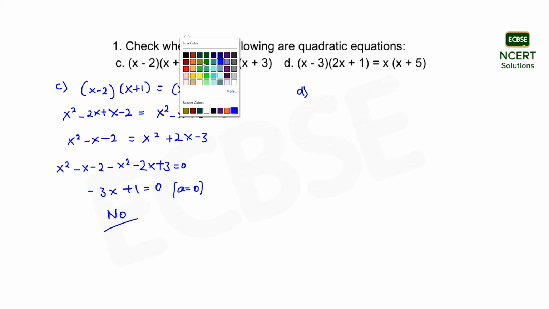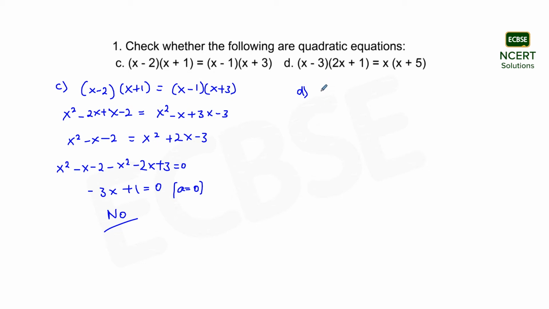Now coming to the fourth equation, it is given as (x - 3)(2x + 1) = x(x + 5). Simplifying it, I'll get 2x² + x - 6x - 3 = x² + 5x.